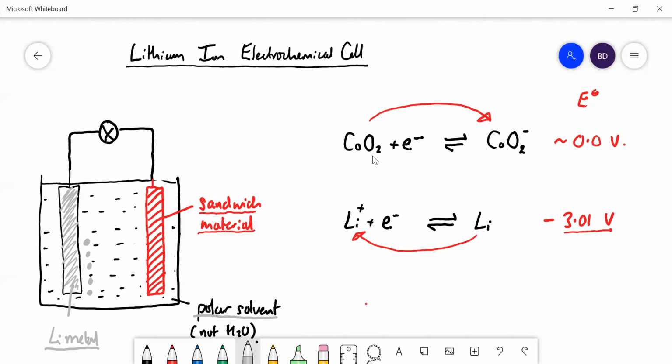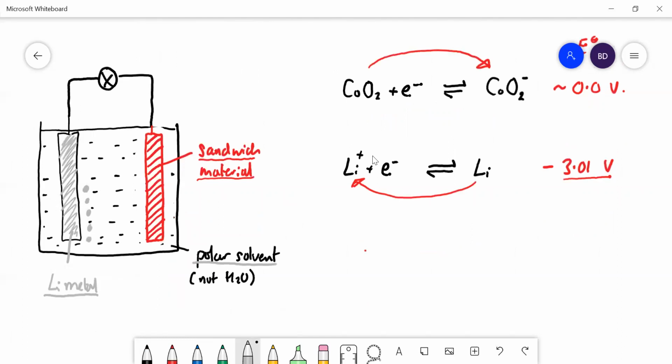Let's have a closer look at the sandwich material. If you look at it microscopically, you have these layers, and the green is representing the cobalt oxide, CoO2, and there are little gaps in between the layers.